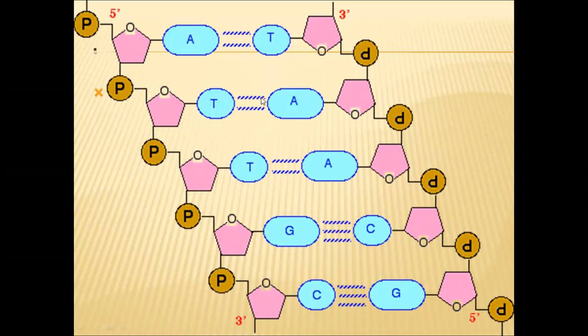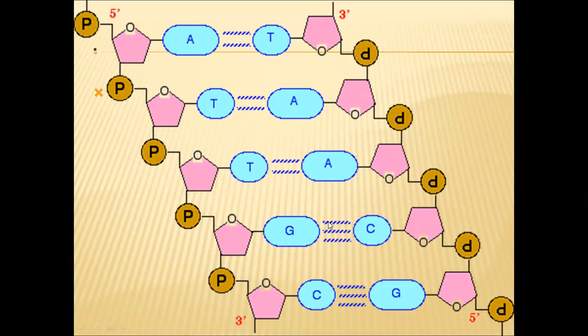And in the middle, we have hydrogen bonding. These hydrogen bonds form step-like structures, like a ladder. The backbone is very, very important. Backbone bondings are very strong bondings. Phosphodiester bondings are very strong bondings, whereas these hydrogen bondings are very weak bondings.